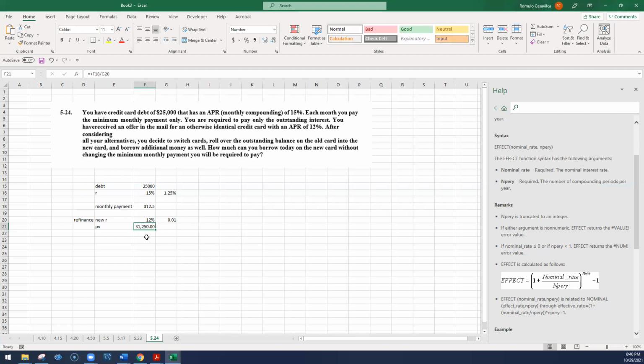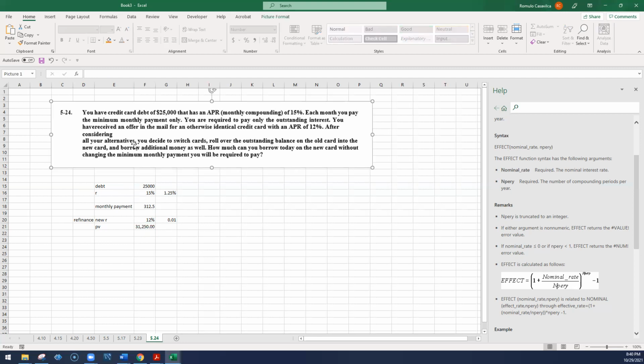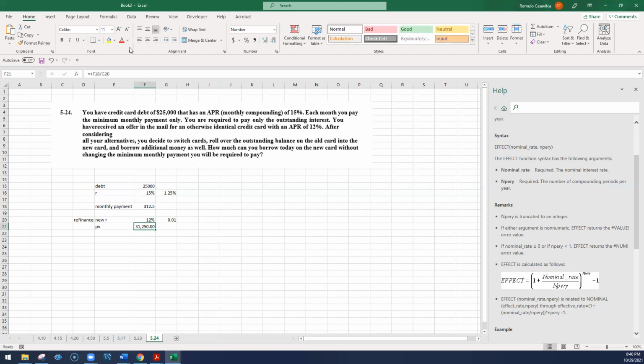They need to loan this money so I can get out from this old debt. That's part of it. Then they're asking me for the additional, so the answer will be the difference between these two. This is the answer. You need to put this in the box, 6050.